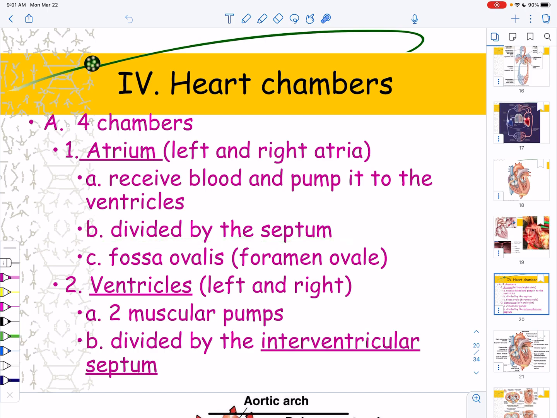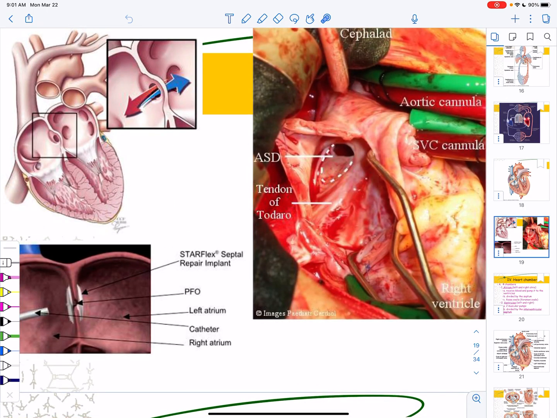And now the last thing that I need to tell you is that in the atrium, we have something called a foramen ovale. And the foramen ovale in an adult is reminiscent. It is the remains of a hole that originally appears in the heart during development. If you've ever heard of a baby having a hole in their heart, it's most likely this one.